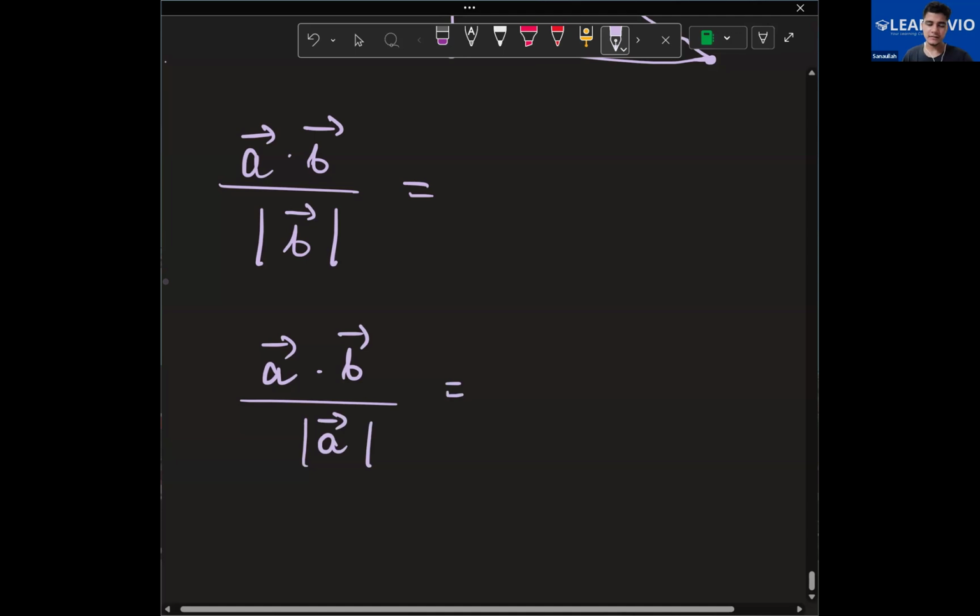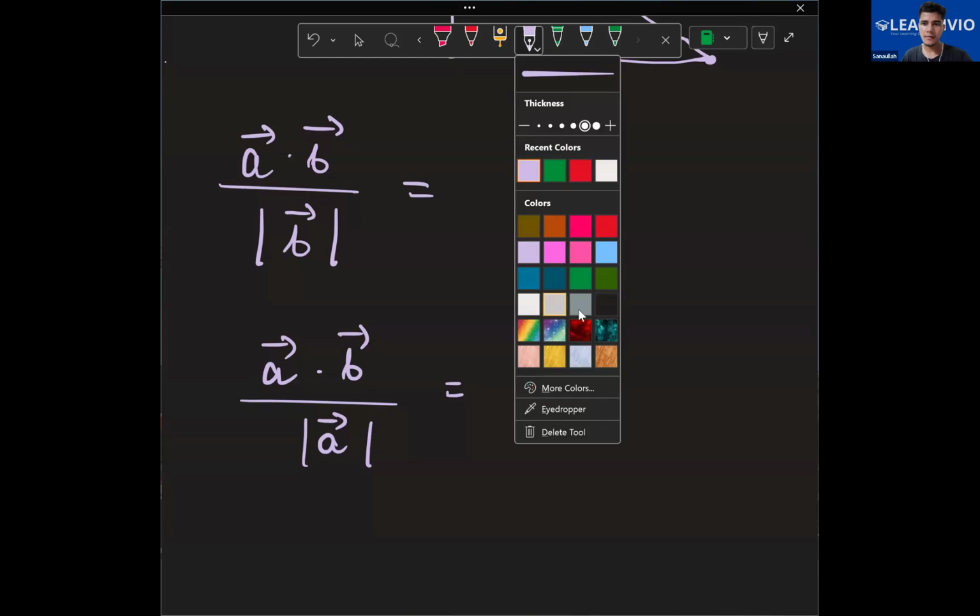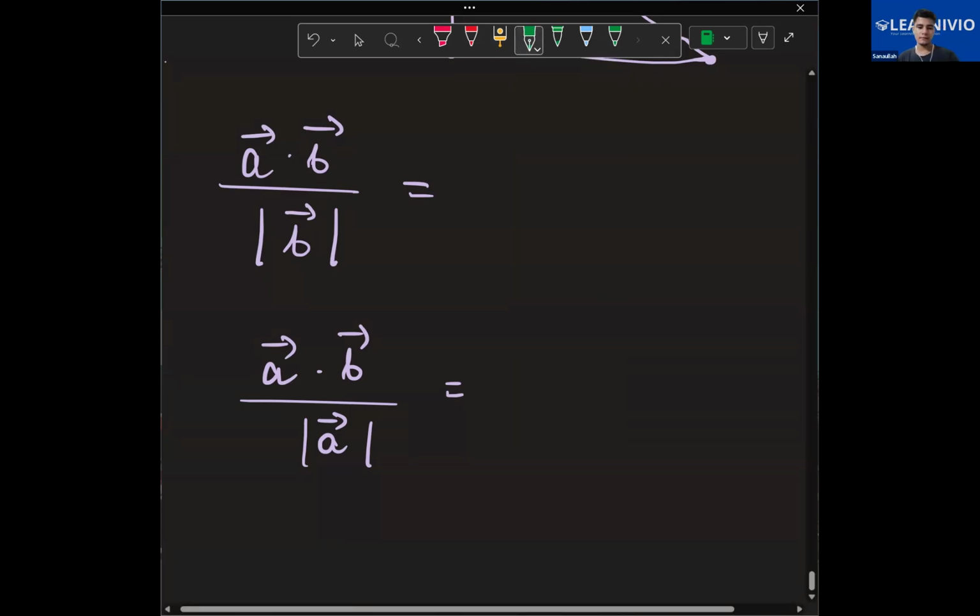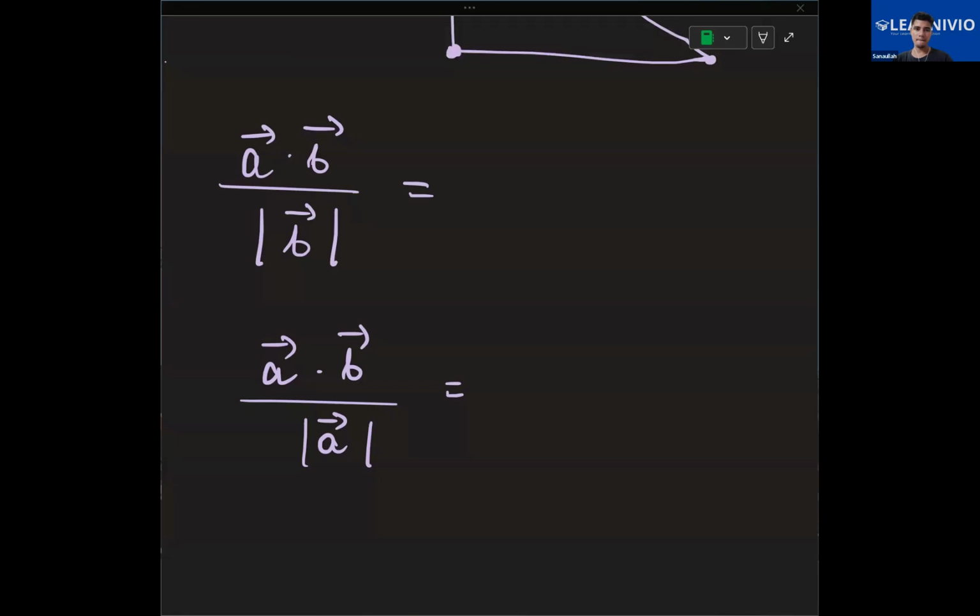What is the difference between these two things? Can you tell me the difference between these? सोचिए और बताइए डिफरेंस क्या है. पता है किसी को?